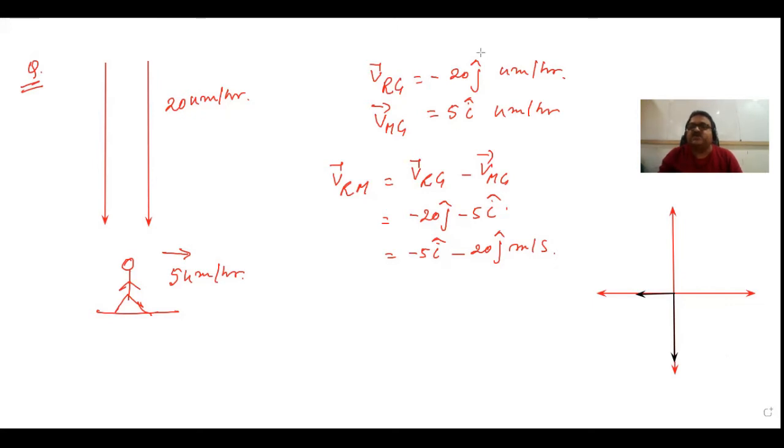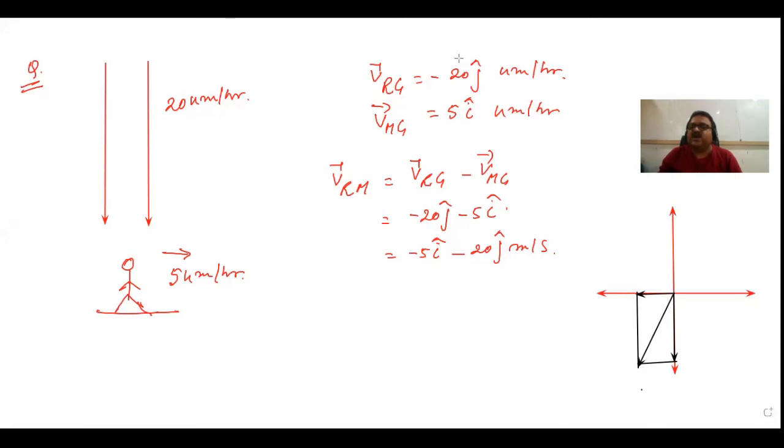The simple way of calculating resultant is this: complete the parallelogram, and draw the diagonal. So this is the velocity of the rain that appears to the man, correct?